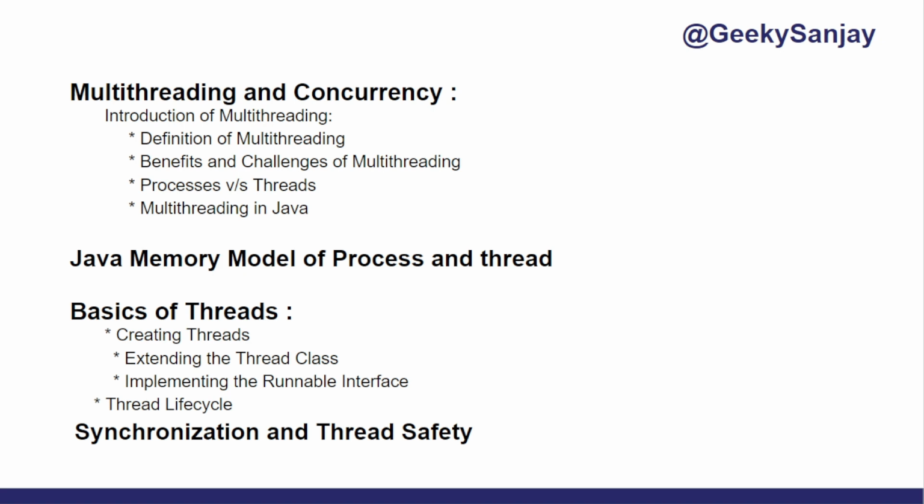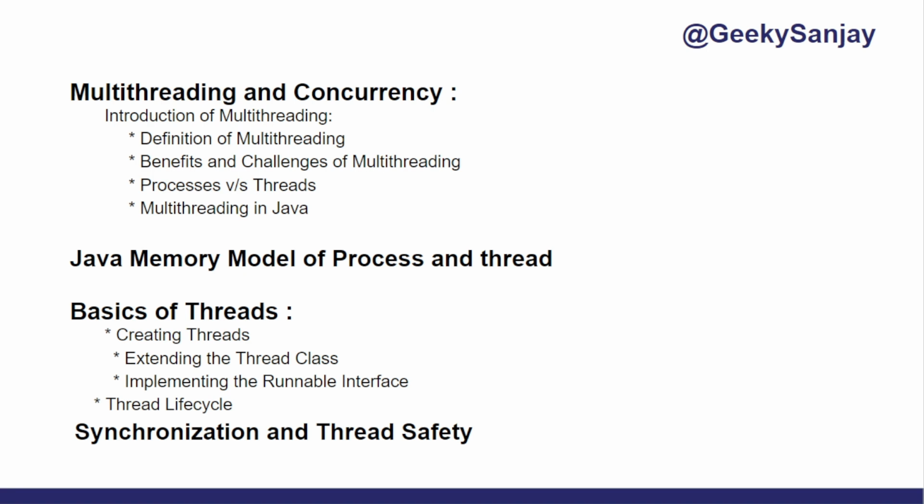And we will cover this in detail because it is a very deep topic. I will explain everything: how one thread works when you start the process, what properties can be shared among all the threads, and what every thread keeps for itself, like its own stack, which you cannot share from one thread to another. I will also explain how the code is converted into bytecode and given to the CPU.